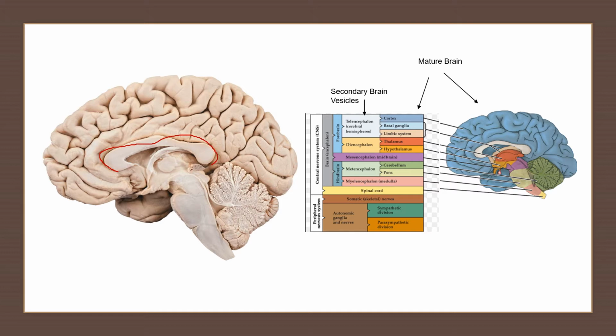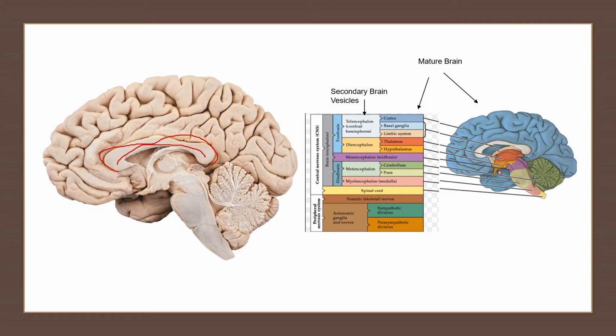And this portion right here is called the corpora callosum or the corpus callosum, however you want to call it. This is really the tissue that connects the right and the left hemispheres together. So this tissue is kind of a communication highway between the two sides of the brain.